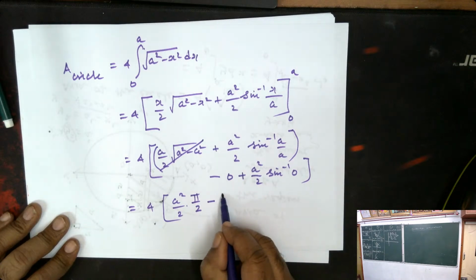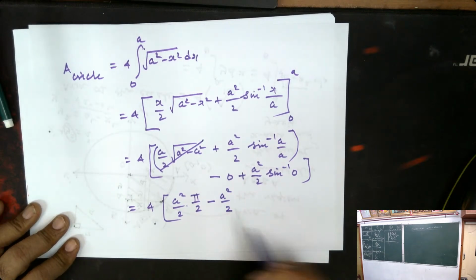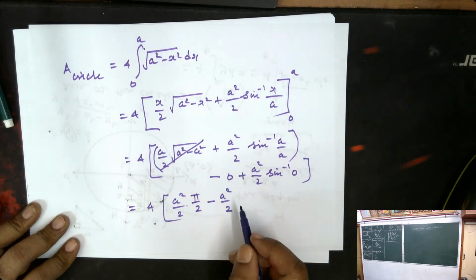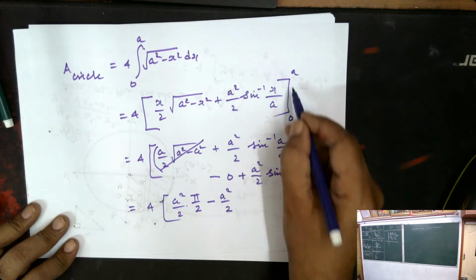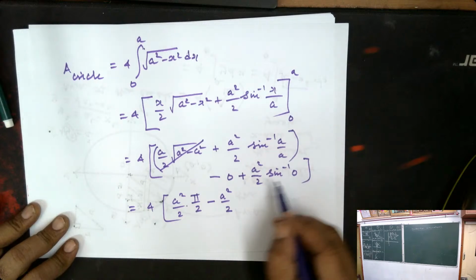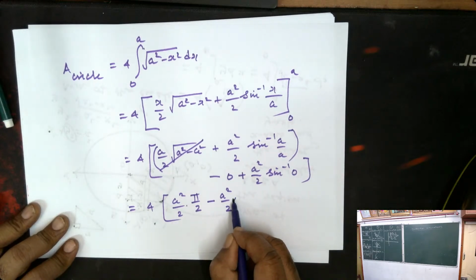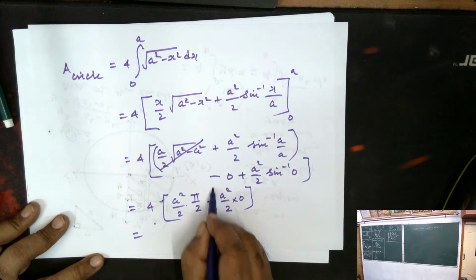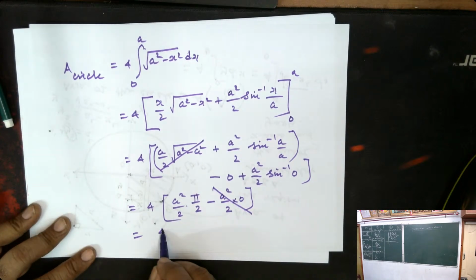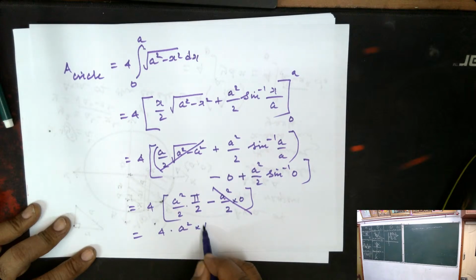Again, a squared by 2, then sine inverse of 0 is 0. Sine inverse of 0 is equal to 0. So into 0, you can eliminate this term. Therefore, this is gone. So 4 into a squared into pi by 4.